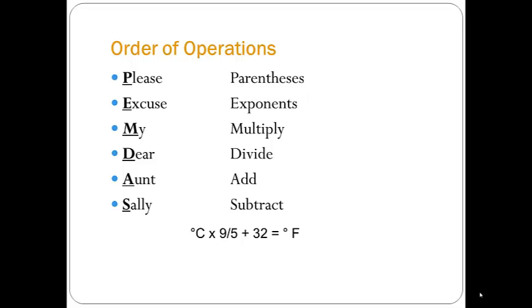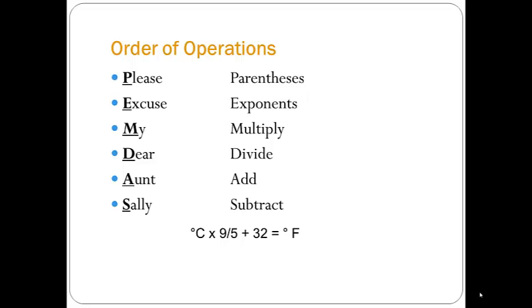The first letter in each word in this phrase represents a mathematical operation that begins with the same letter. Therefore, in an equation that has multiple operations, anything in parentheses must be done first, followed by exponents, multiplication, division, addition, and finally subtraction.